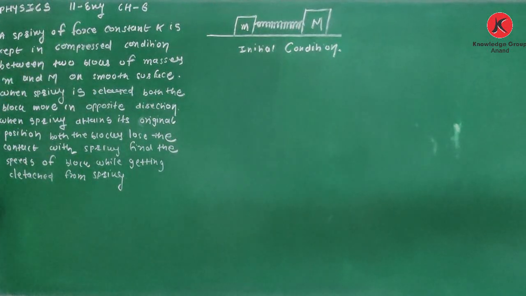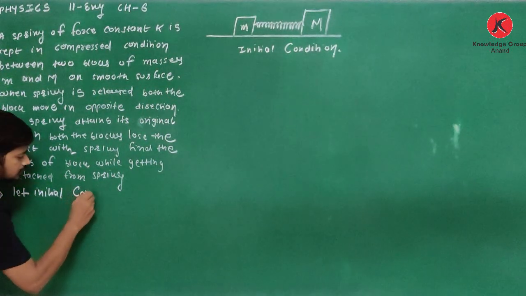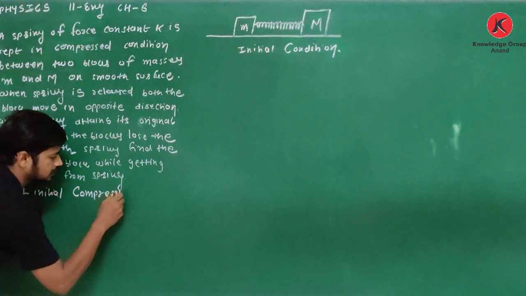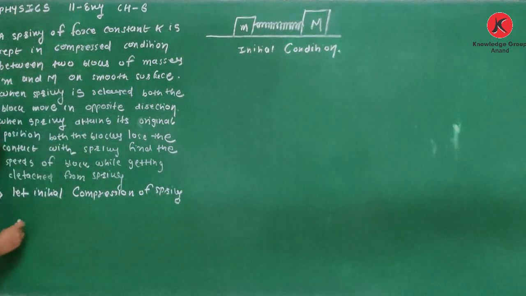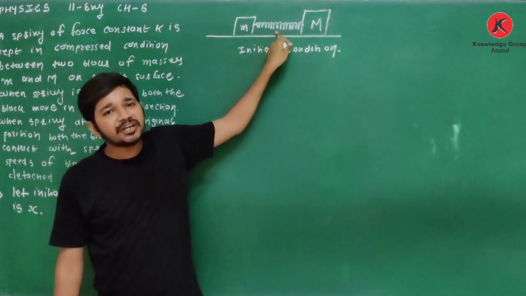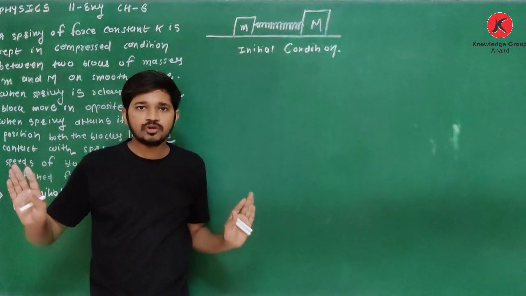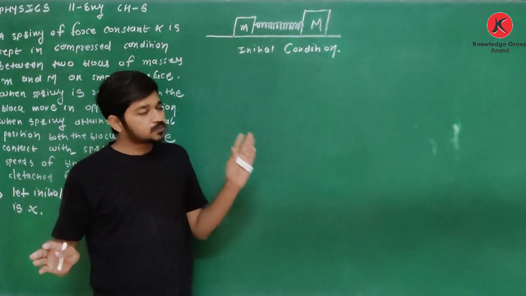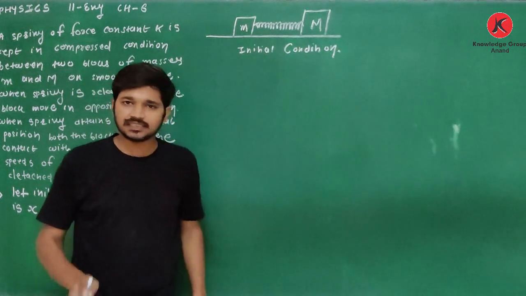What is the compression of the spring? We are assuming the initial compression of the spring is x. So in the initial condition, this spring is in compressed condition while these two blocks are stationary, at rest. Yes or no?